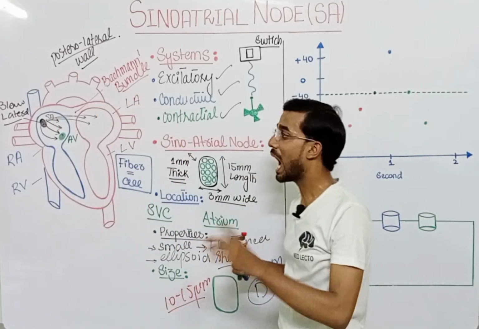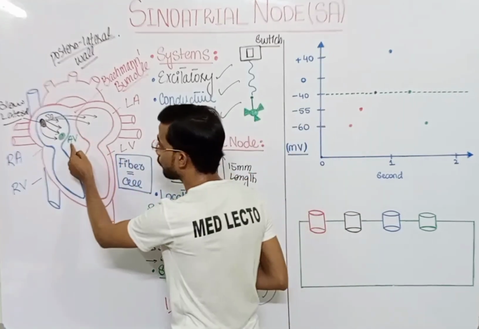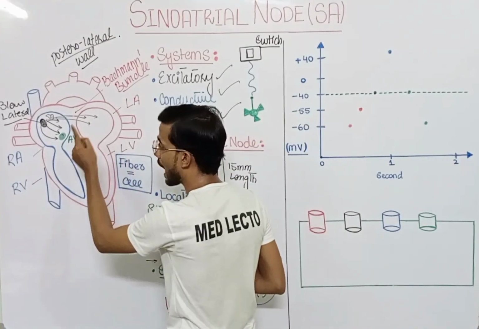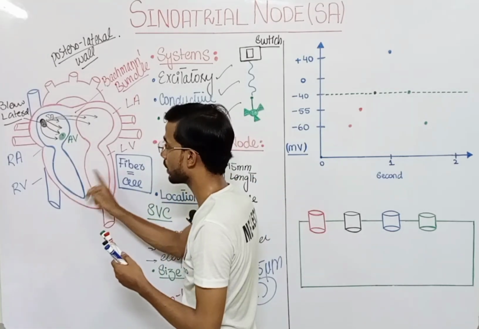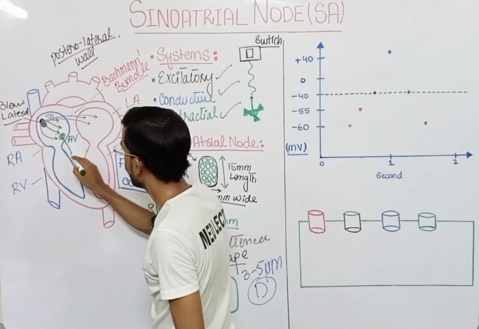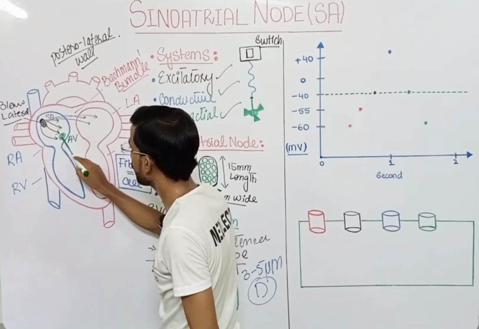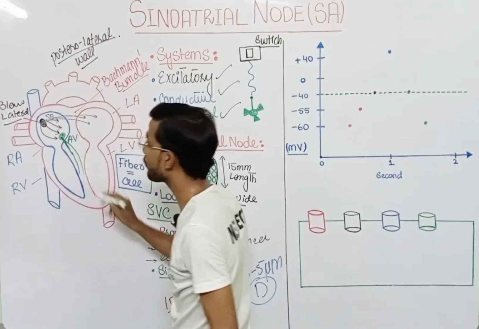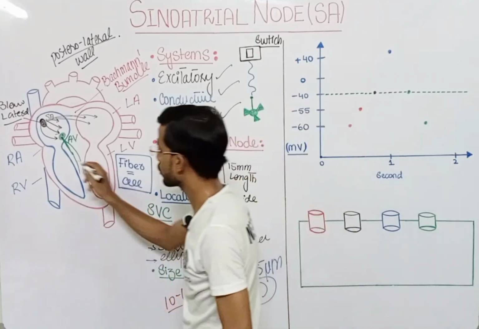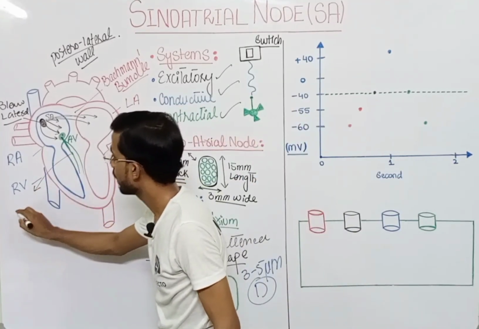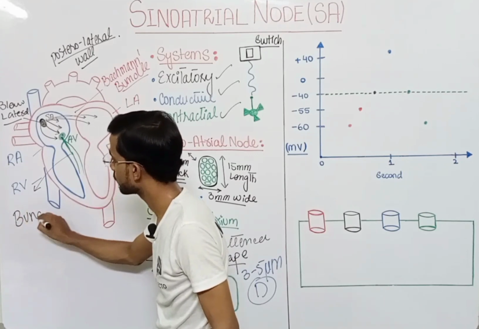After that, the signal from the atrioventricular node goes into the septum through fibers, and those fibers are the bundle of His, or you can say the atrioventricular bundle. So the signal travels from the bundle of His.